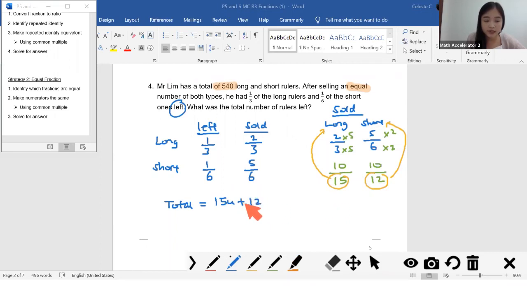Okay, good, Ayman. 27. Yes, a lot of you got 27. Okay, you add it up. You have 27 units and this total must be this 540. So what is 1 unit? 540 divided by 27. 20, good.